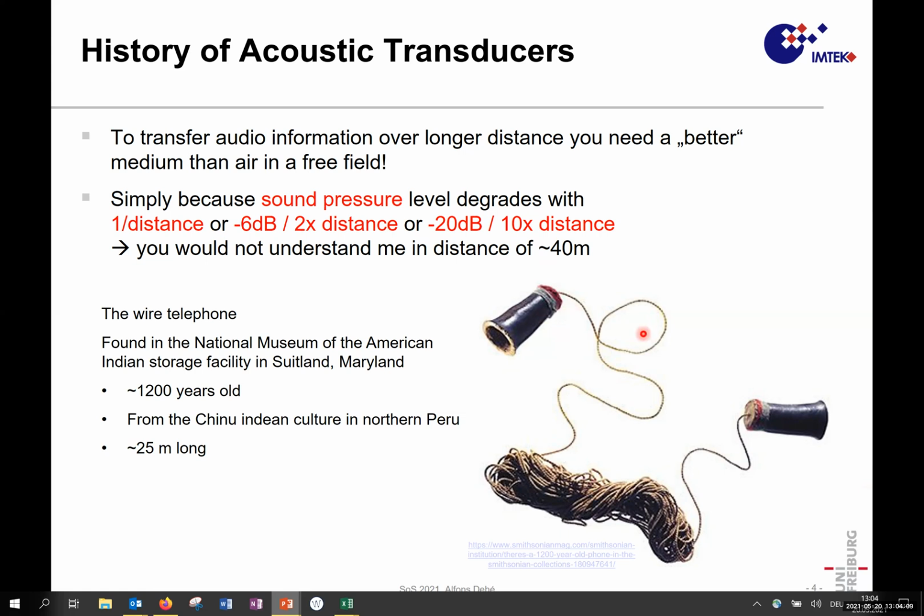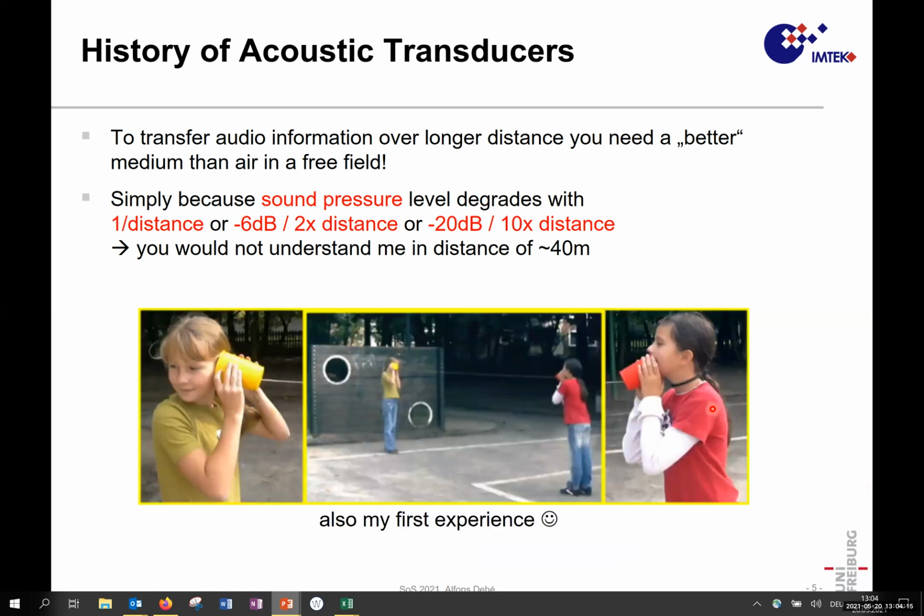So if you pull this straight, you can use this like the kids have been doing in the past. Or I tried this also. You have two cups, and you pull a wire tensioned in between the bottoms of the cups, then you can transfer sound this way. How does it work?